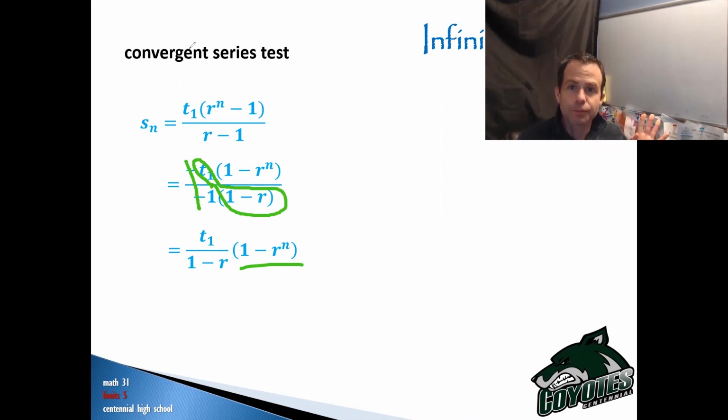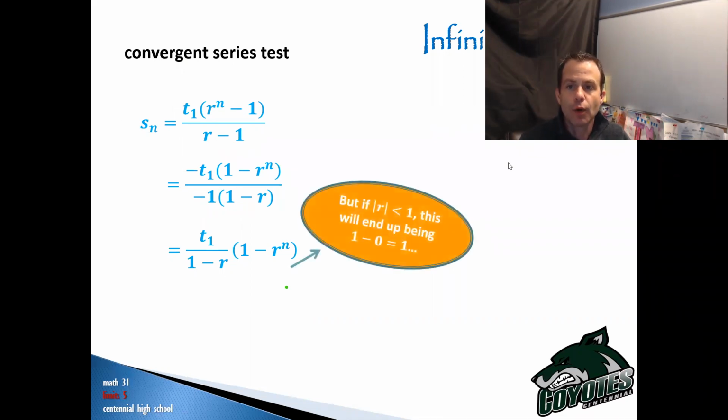Okay, but what happens if the absolute value of r is less than 1? Now remember, you may be saying, oh, but you're forcing this to happen. Well, no, I'm not. If the absolute value of r is less than 1, that's convergent. Remember, we can only do this if it's convergent, and convergent means that I have to be getting smaller each time, which means my r value has to be a fraction of some sort.